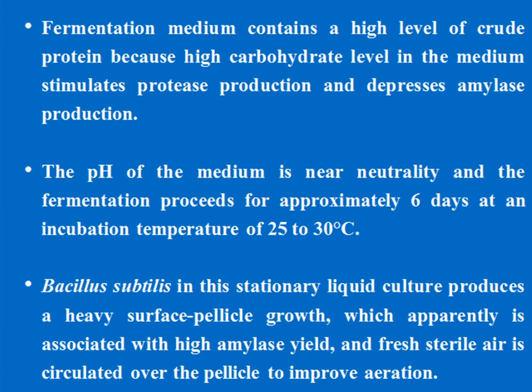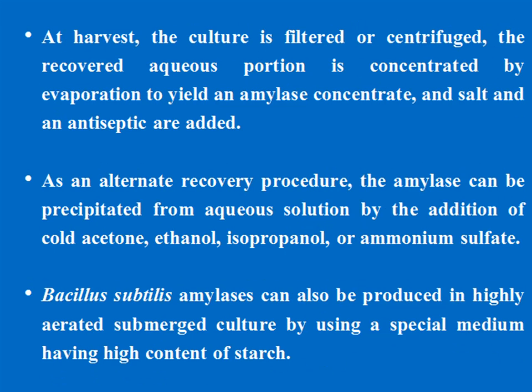Bacillus subtilis in this stationary liquid culture produces a heavy surface pellicle growth which apparently is associated with high amylase yield, and fresh sterile air is circulated over the pellicle to improve aeration. At harvest, the culture is filtered or centrifuged. The recovered aqueous portion is concentrated by evaporation to yield an amylase concentrate, and salt and an antiseptic are added.